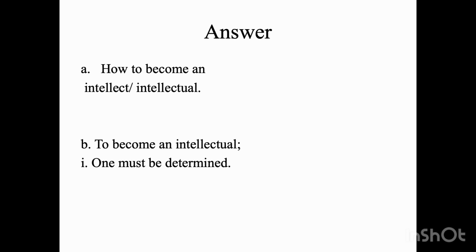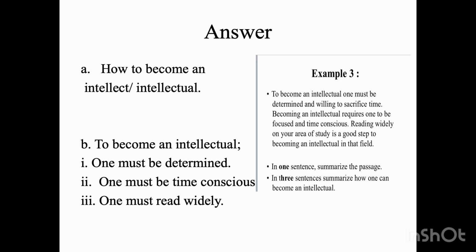One must be time conscious. One must read widely. So we have placed the picture of the passage or paragraph beside it. Quickly, you can go through and try to relate the answers if it fits what you wrote.